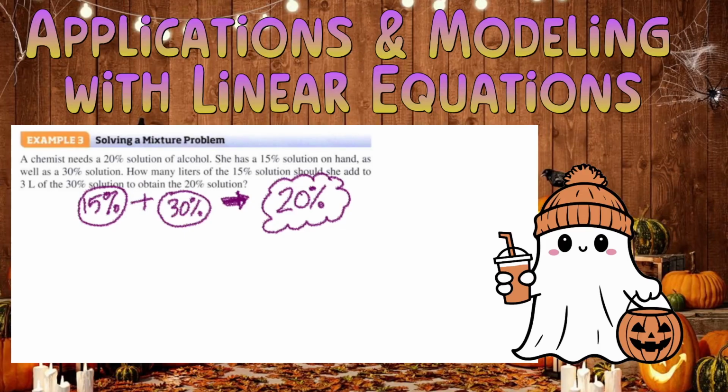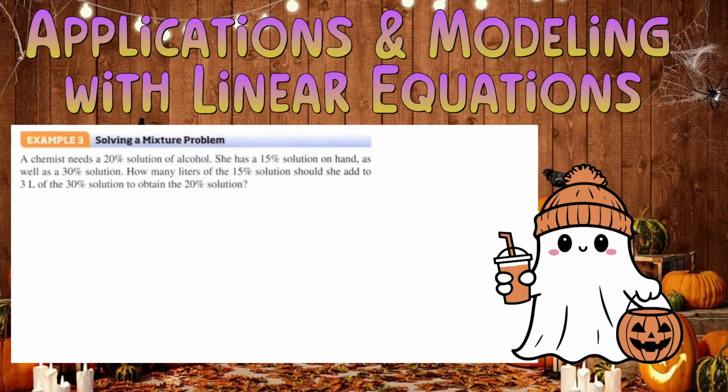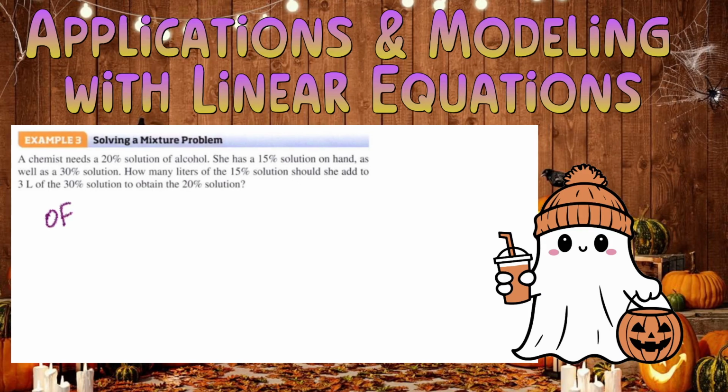Now, percent. The word percent means for every 100, or out of 100. When I want to find a percent of something, there's the word of. So if I have P percent of X, that means I have P per cent, C-E-N-T, cent, Latin for 100.